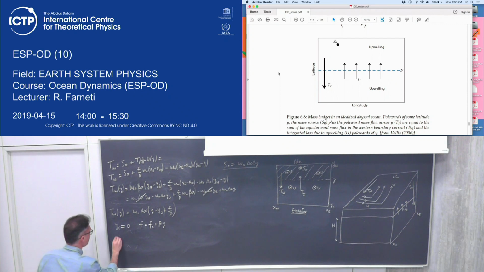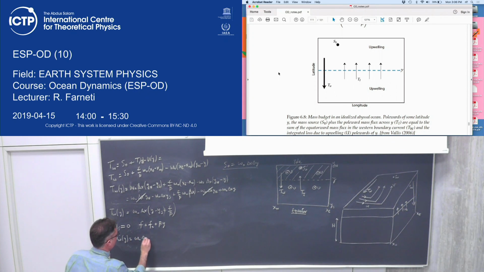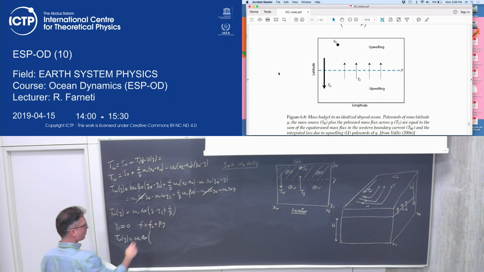And if we substitute with this, we get W naught delta x, y south equal to 0.